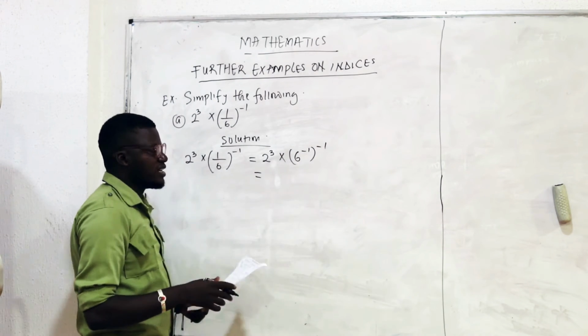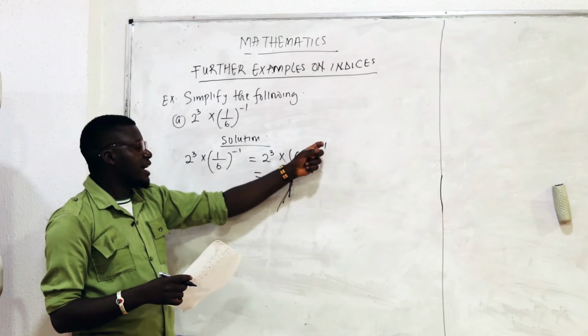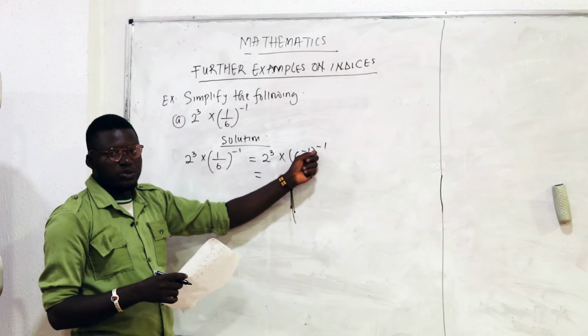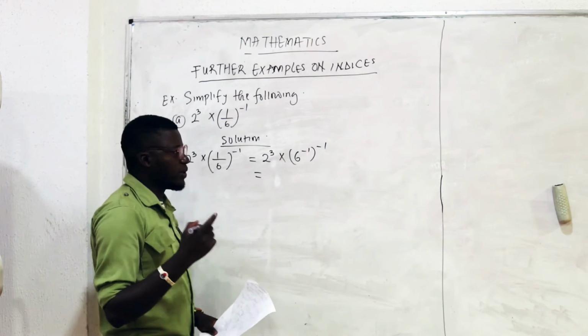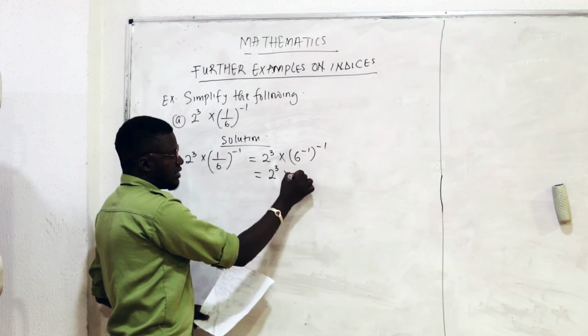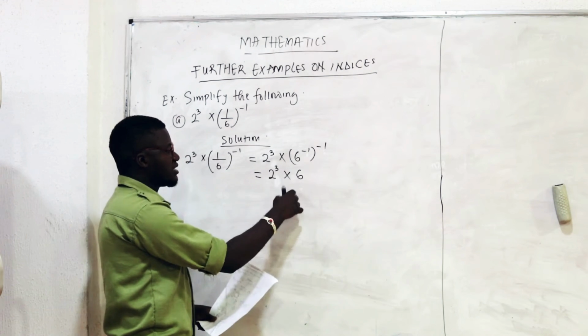Now, back to the law of indices, if I have a power, all in bracket, raised to another power, I'm going to multiply the powers together. So I'm going to multiply minus 1 times minus 1, which is going to give me 1. So I'm going to have 2 raised to the power of 3 times 6, because minus 1 times minus 1 is 1.